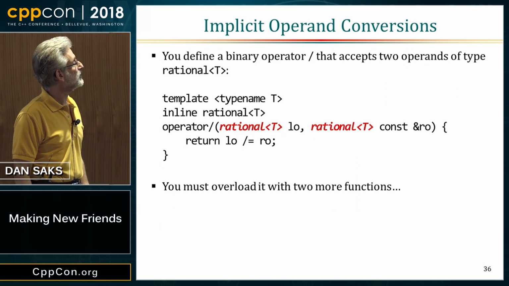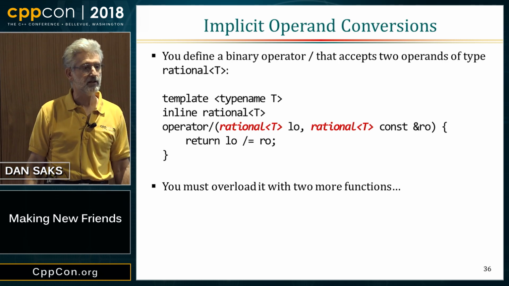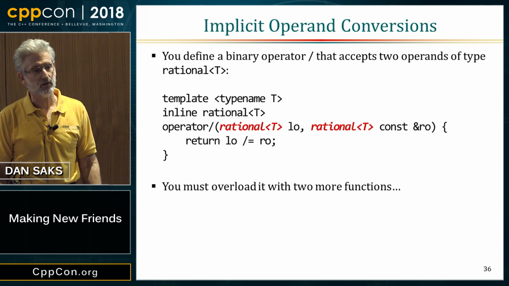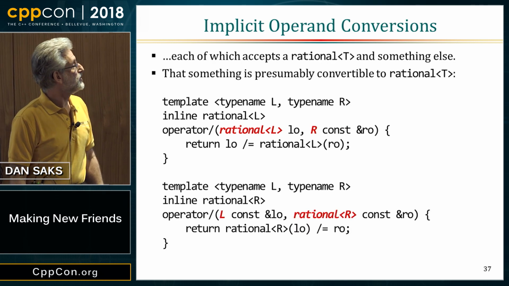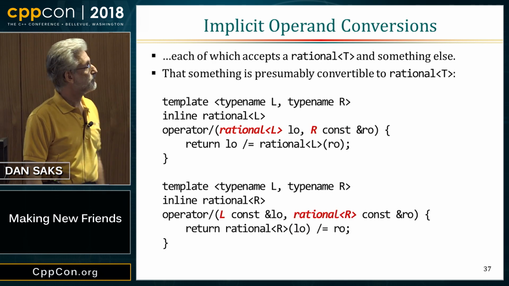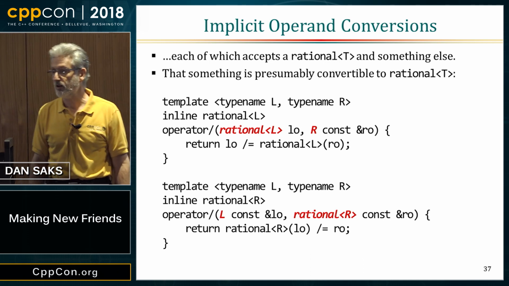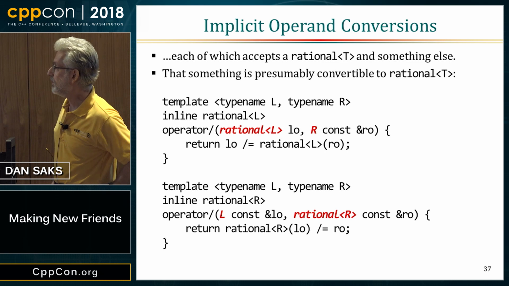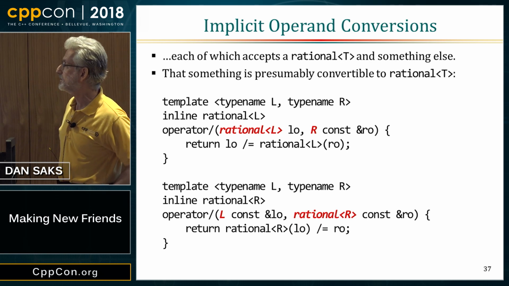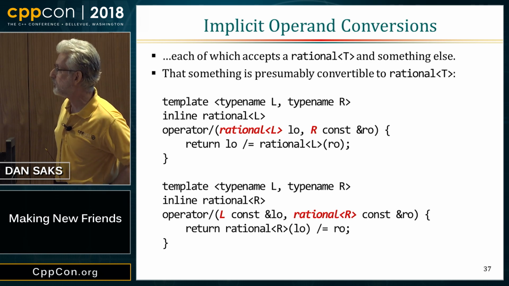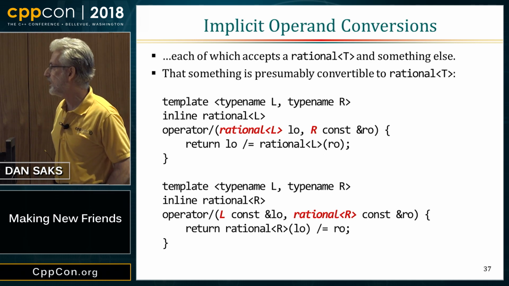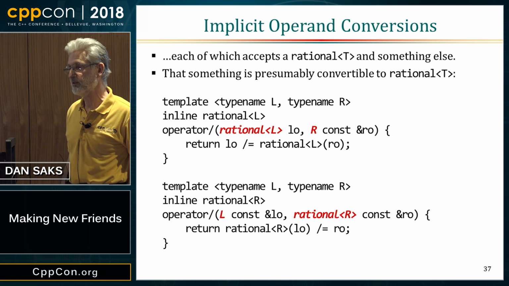This is a template with a single type parameter T, which is the precision type of both the left and the right rational number. These 2 templates have 2 type parameters, capital L and capital R. And what they're saying is, I'm going to give you a way to divide a rational by something that's not a rational, or to divide something that's not a rational by a rational.